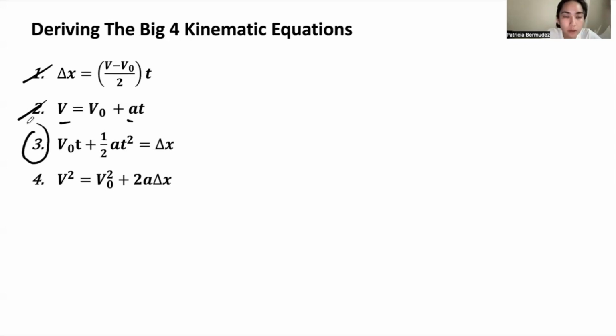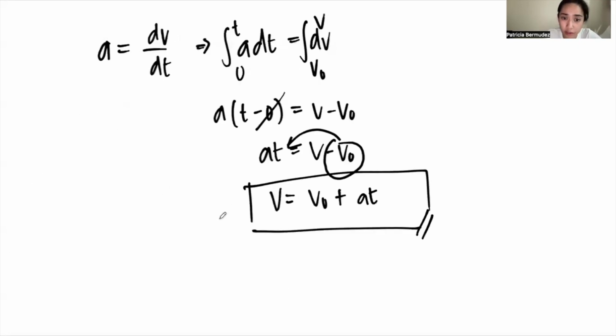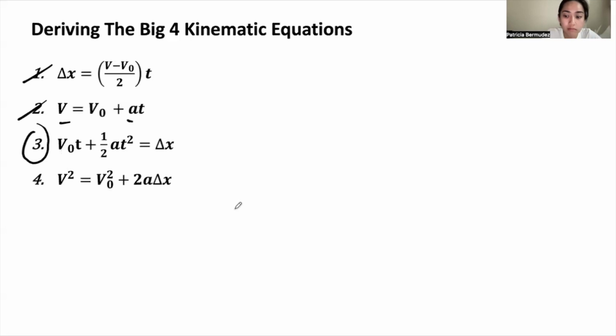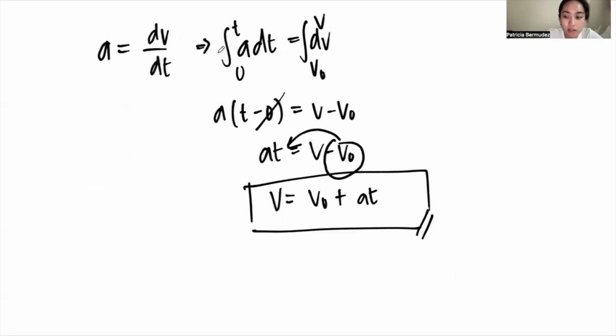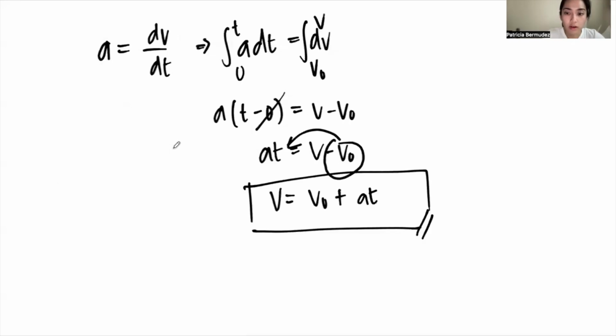In here, we are also going to use this equation here, but we have to start with this principle. Why? Because there is the change in distance in this equation as well. So we have to start from there.